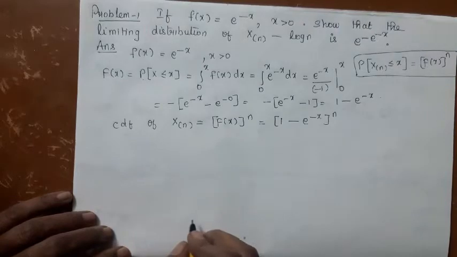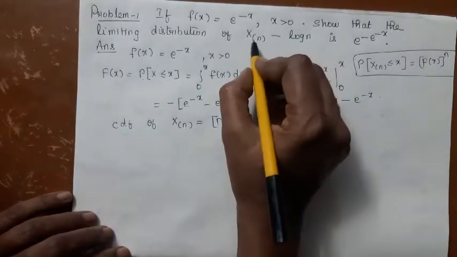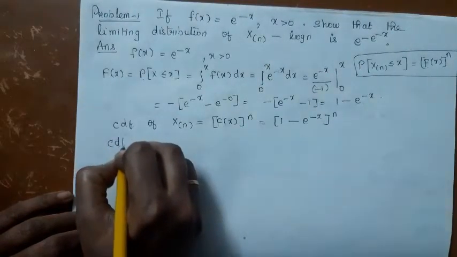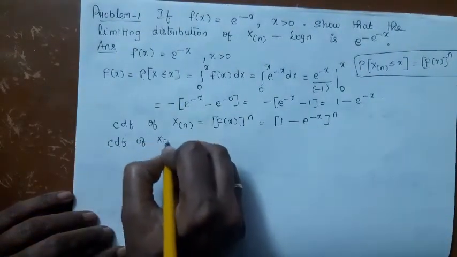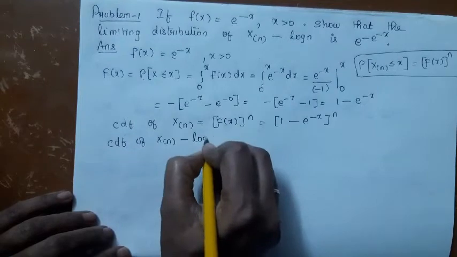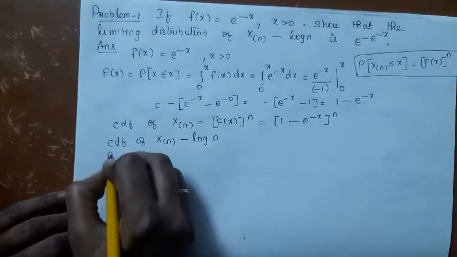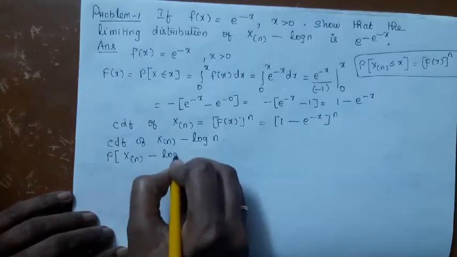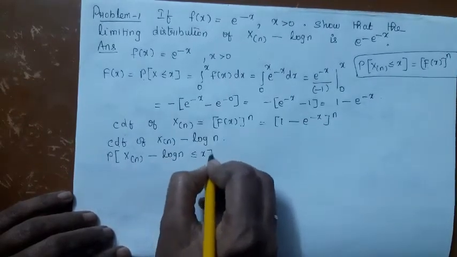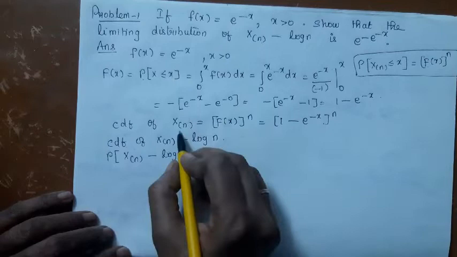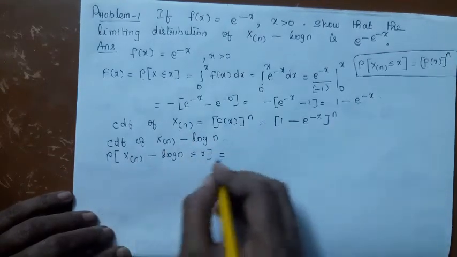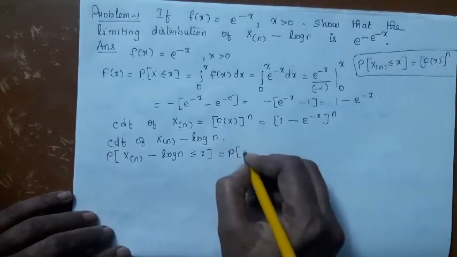But now the problem is to find the CDF of Xn minus log n. Okay, so let us consider the CDF of Xn minus log n. So probability of Xn minus log n less than or equal to x. If it is for Xn, I know the answer, right? But if it is for a function of Xn, I should go for some deduction.